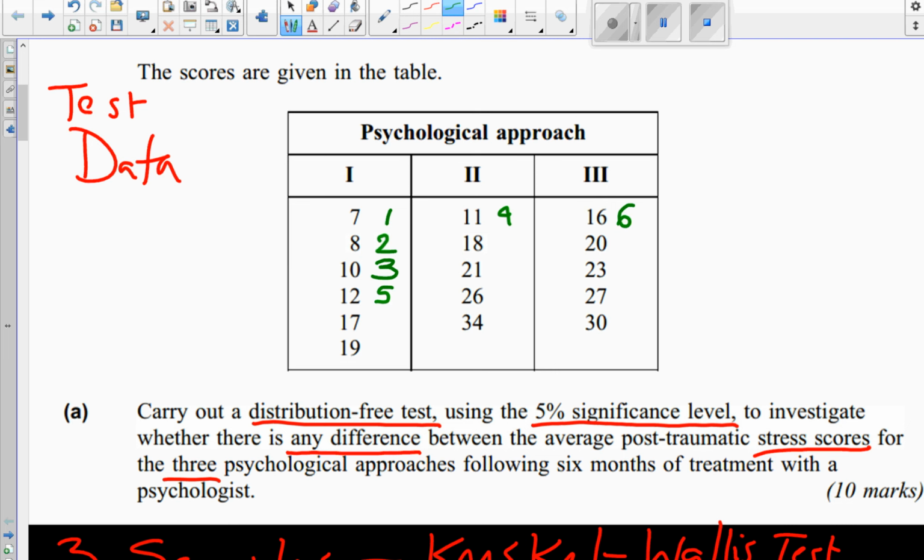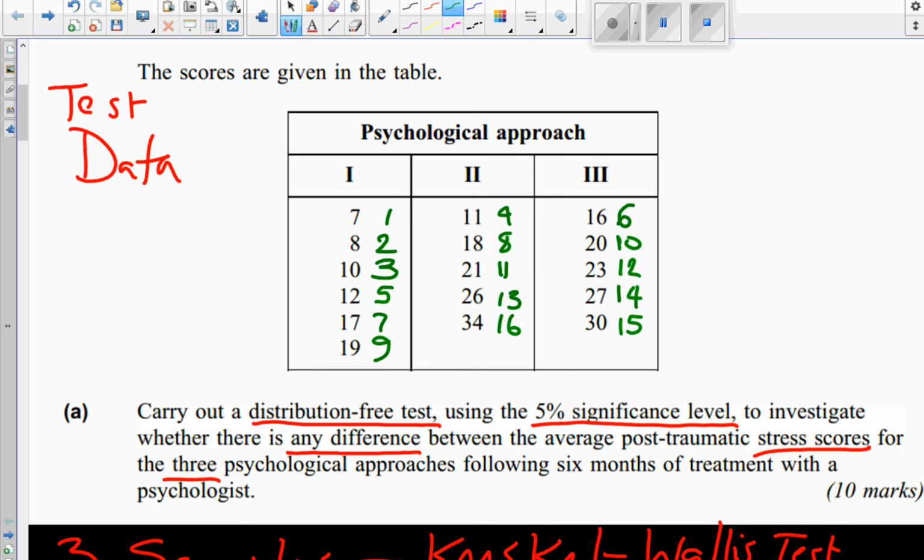So as you can see, we're just treating that as one set of data and ranking it 1 to 16. I'm just going to add the other numbers in here to do it quickly. Okay, so there are all of the rankings 1 to 16.